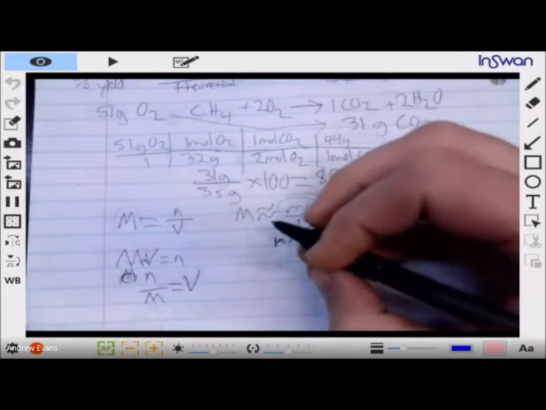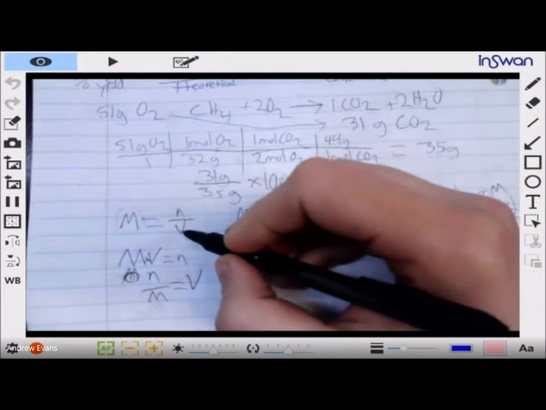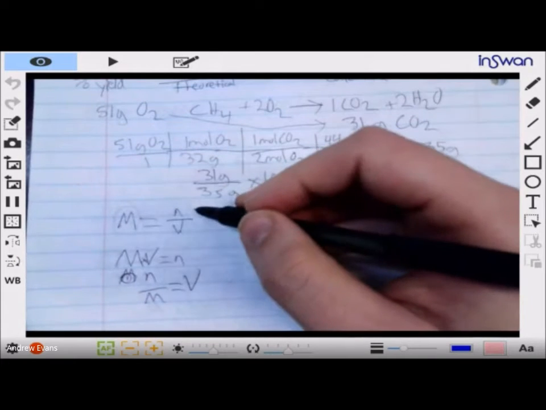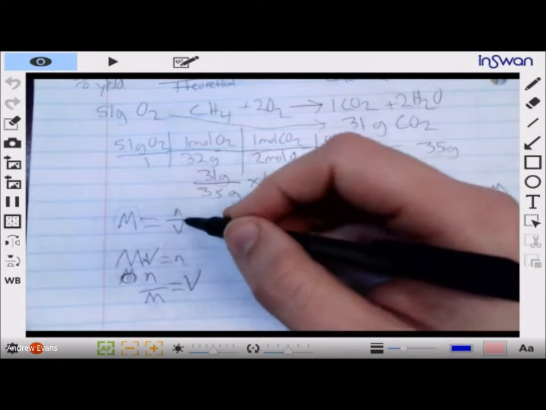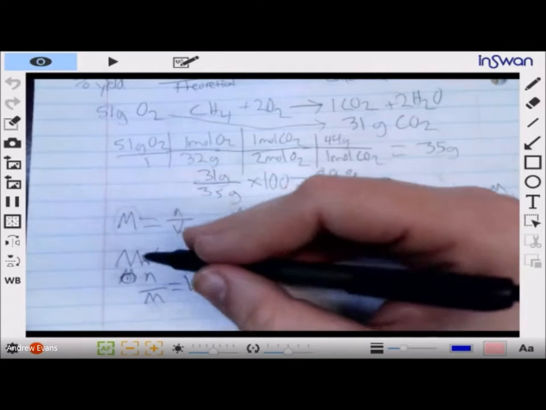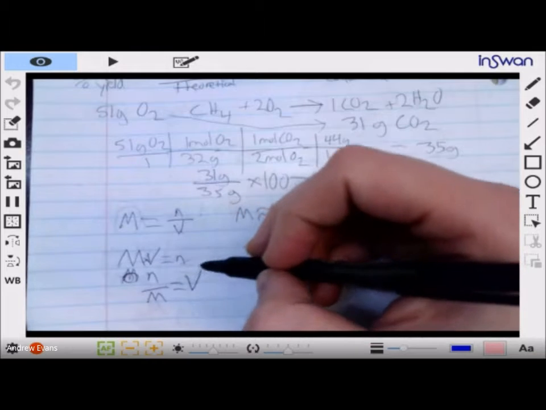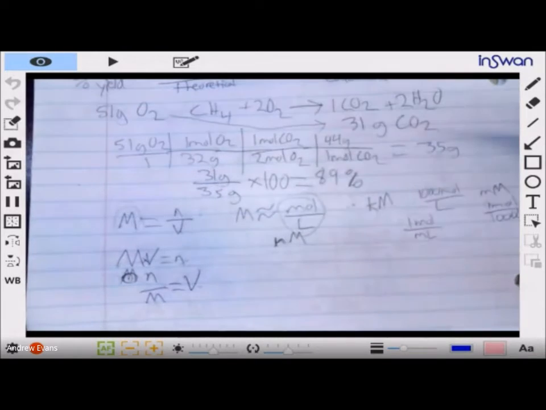What are we doing? We're simply rearranging the equation. How do we get from here to here? We're multiplying by volume on both sides, so that volume cancels out with volume. How do we get from here to here? We're dividing by molarity on both sides.